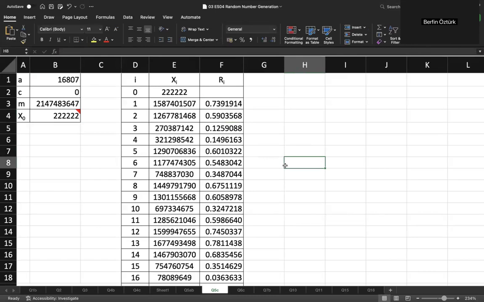So it says implement the Kolmogorov-Smirnov test and calculate D for alpha equals 0.01, so I will be explaining that. Conclude if the sample is really uniformly distributed or not.